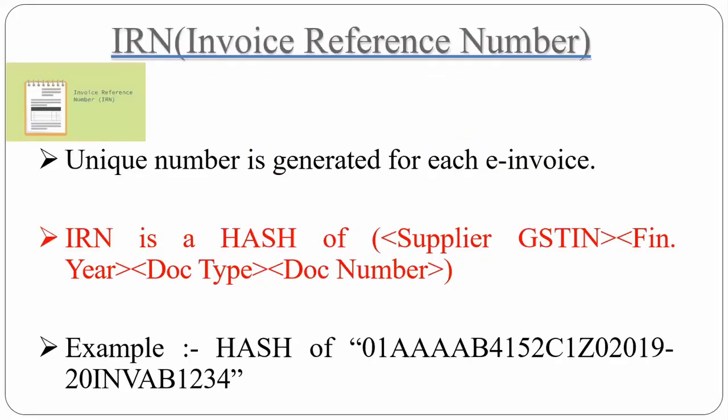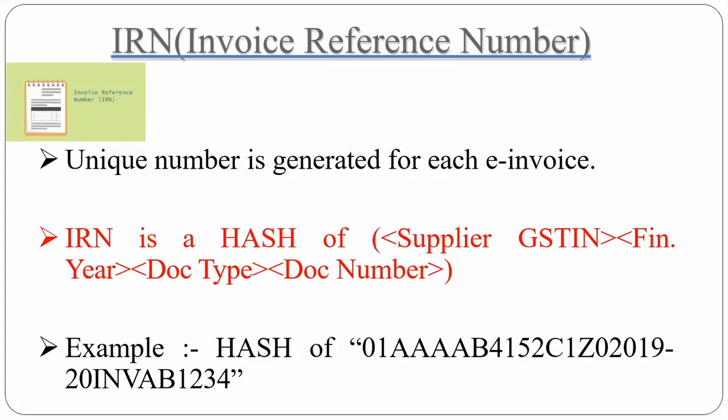Okay, as I mentioned, IRN is compulsory. But what is this IRN? How is it to be generated? So it is a hash. Hash is the IT terminology used, that based on the supplier GSTN, financial year, document type, that's a tax invoice, and the document number, the combination of all these 4 will make the e-invoice 64-digit number.